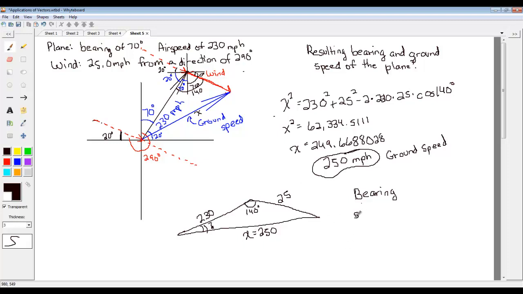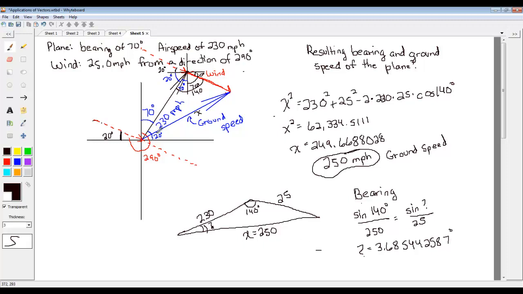You can use the law of sines. Put that in your calculator, and you'll get that the question mark equals 3.685442587 degrees.